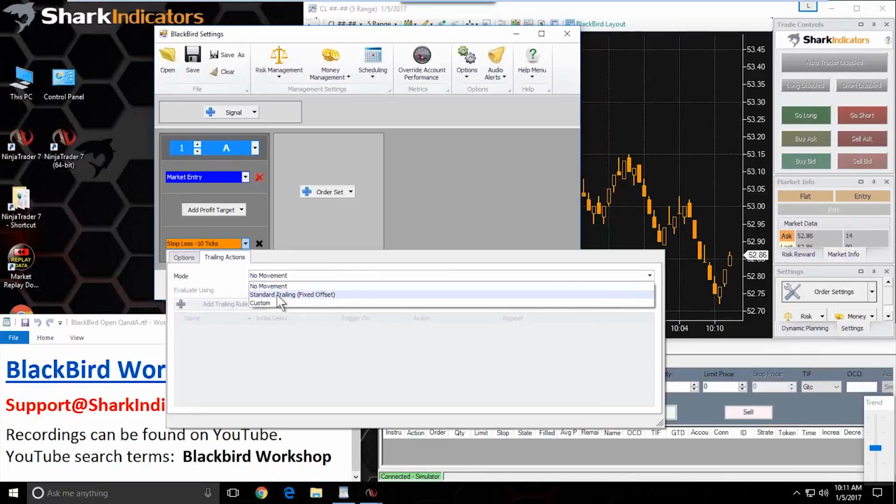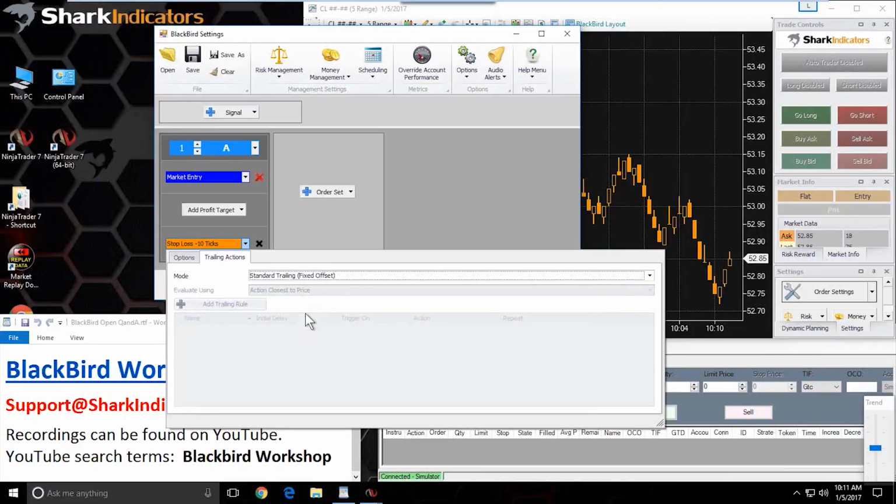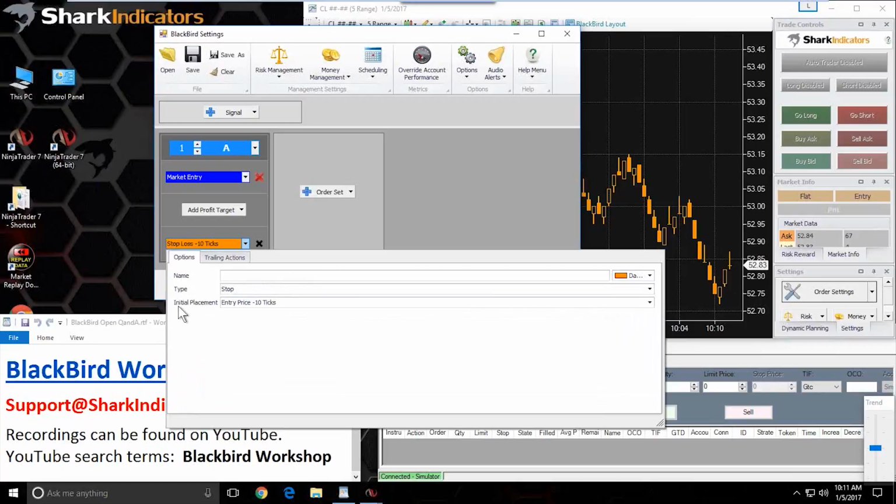And the second one down is just a standard fixed trailing roll. A fixed trailing roll is wherever your initial stop loss placement is, the stop loss just inches up using that fixed distance. So in this example, if we take a look at the initial placement, our stop loss is a 10 tick stop loss.